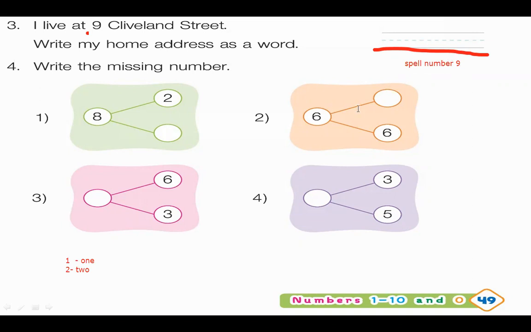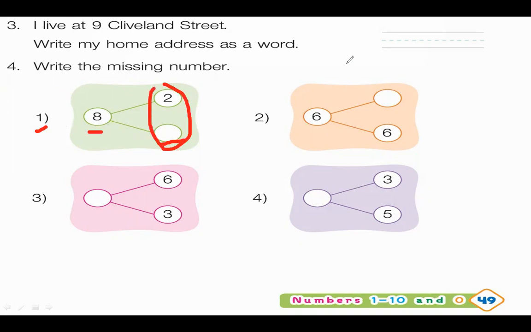Number 4, write the missing number. This is on page number 49 of your book. Let's say for example, number 1. What do you think is the missing number if we add both numbers and the result is 8?